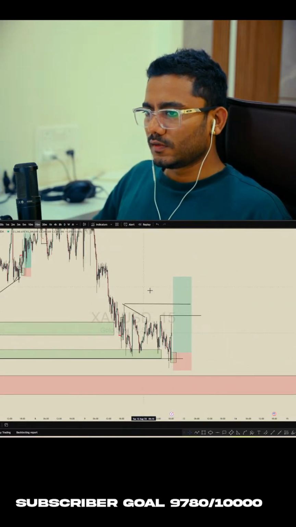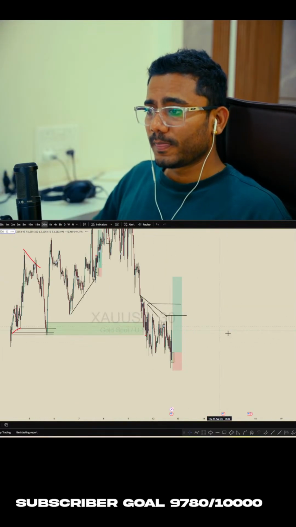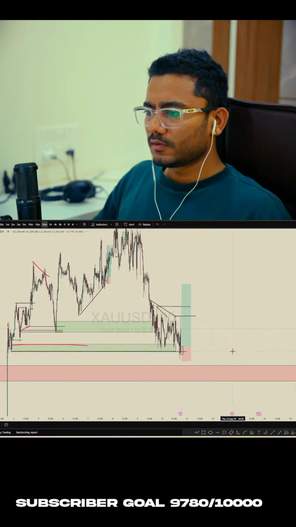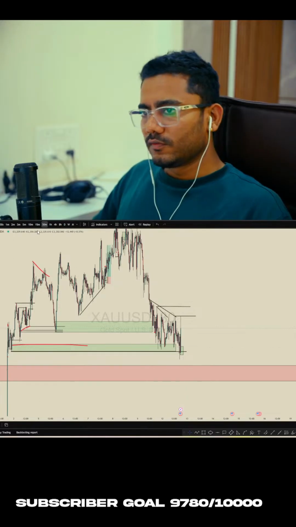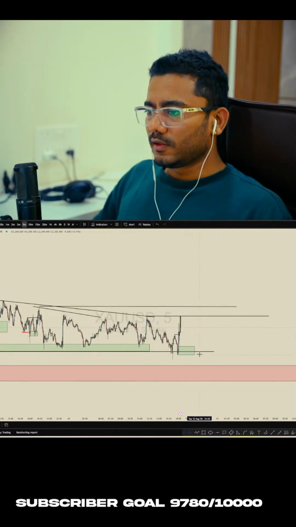Target this next highs. So this is everything there is a trend line liquidity. So price should sweep this liquidity. If it continues, you can trail the stop loss. So around 1:4. Let's see how structure plays out.